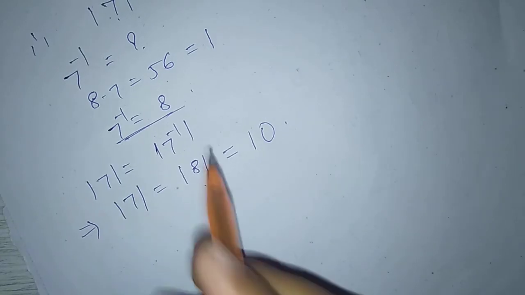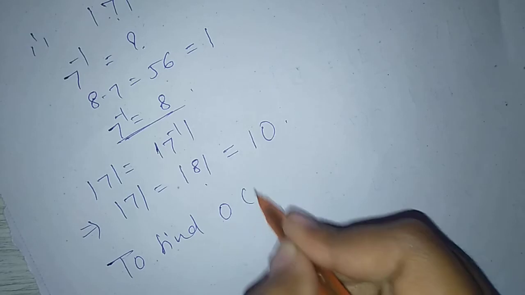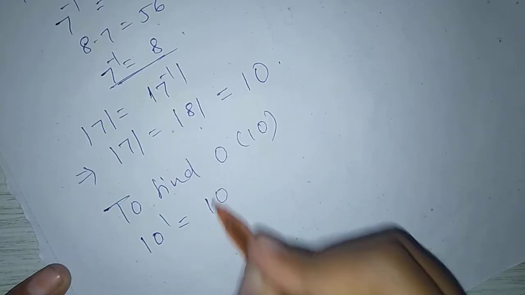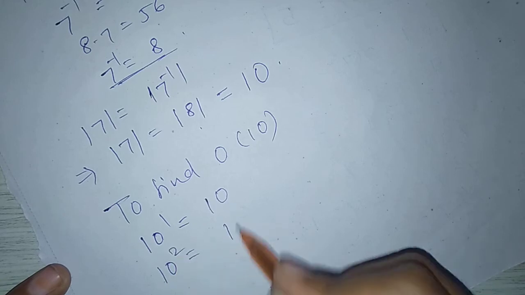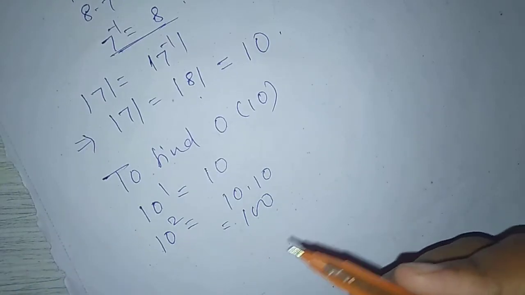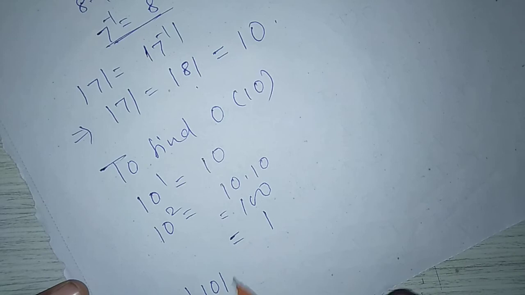Now to find order of 10, 10 raised to 1 equal to 10, 10 raised to 2 equal to 10 into 10 equal to 100 under modulo 11. 100 equal to 1, so order of 10 equal to 2.